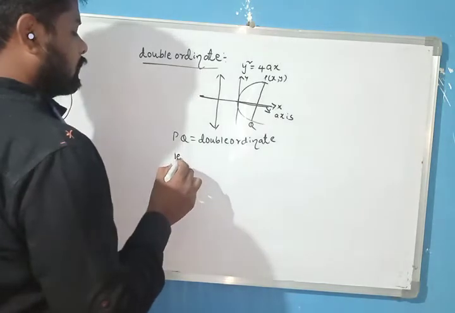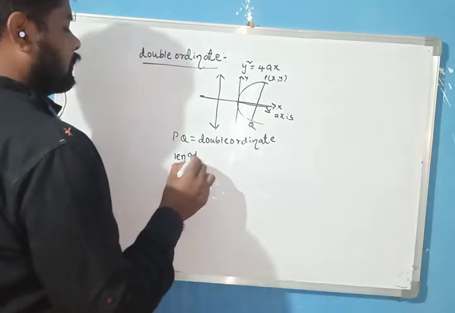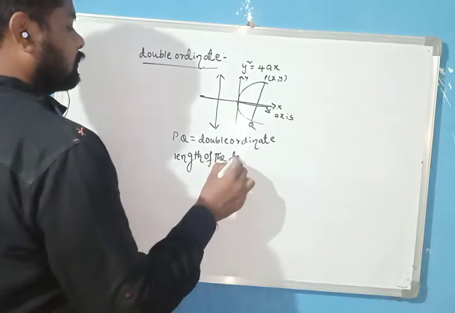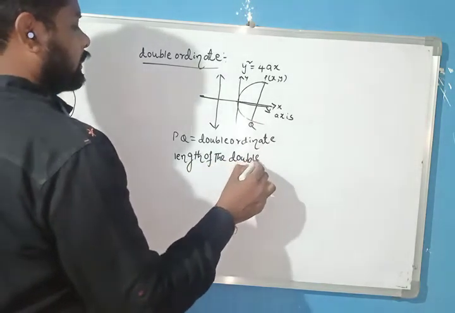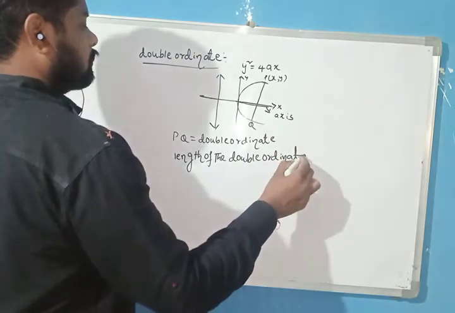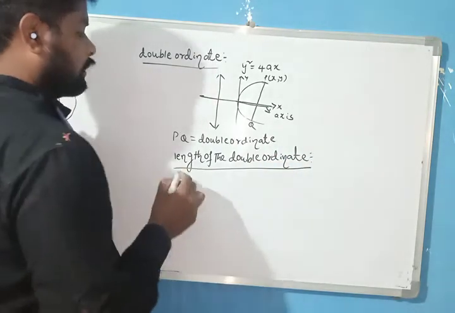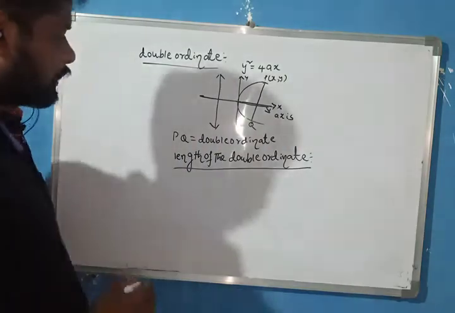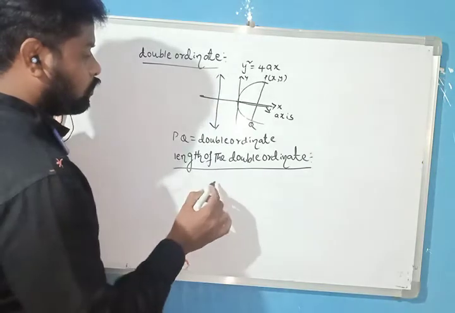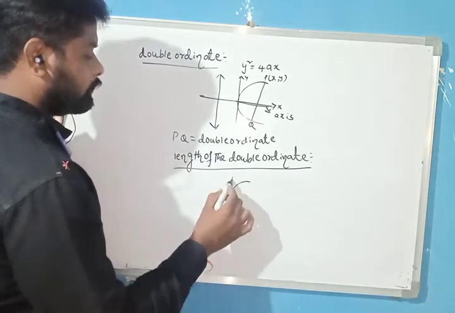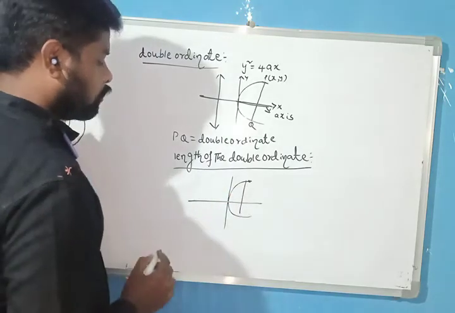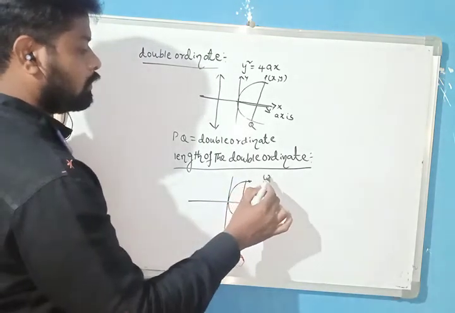After that, the length of the double ordinate. What is the length of the double ordinate? Again I am taking the diagram here, with the curve y square equal to 4ax.